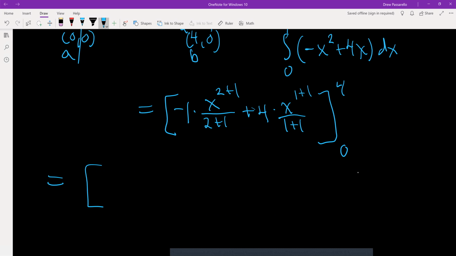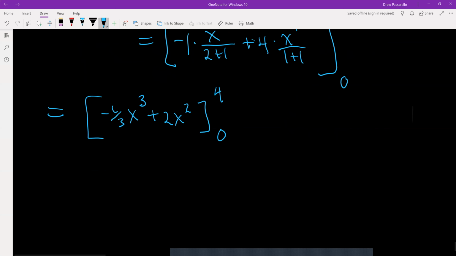All right, so what is that going to give me? We have negative 1/3 x cubed, and then 4 divided by 2 is 2, so plus 2x squared, from 0 to 4. Now I just apply the fundamental theorem.